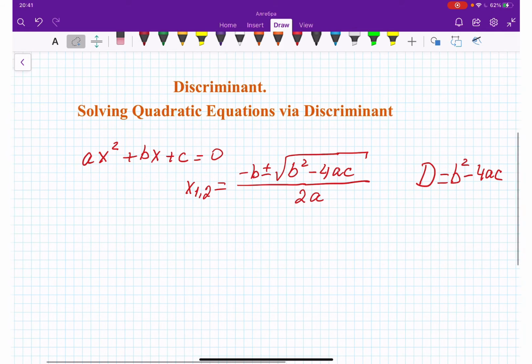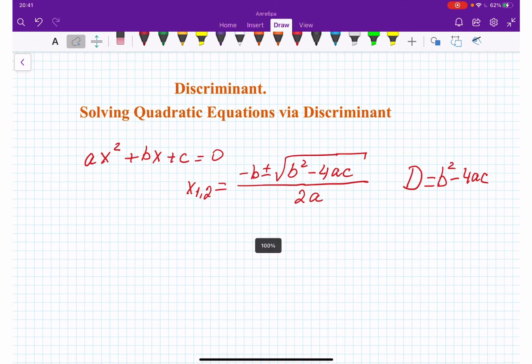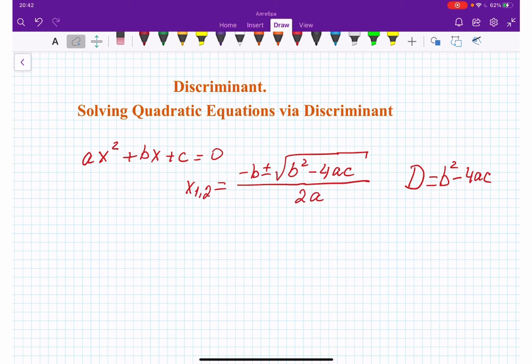Question: why do we separate it and notate it as D? What is the reason?